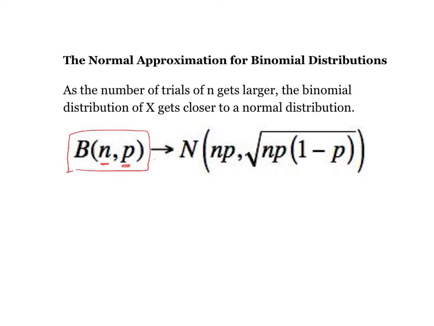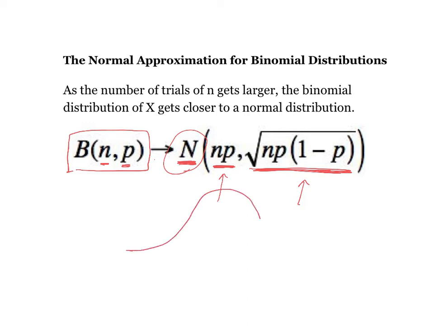At some point, when n gets large enough, the binomial distribution becomes really close to a normal distribution with a mean of n times p and a standard deviation of the square root of n times p times 1 minus p. So we can use those binomial mean and standard deviation formulas in a normal distribution.